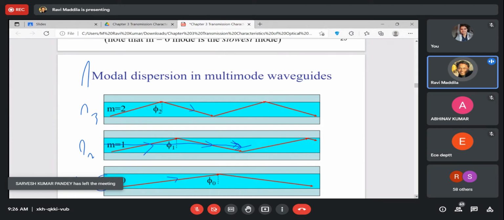The power in the three modes may be almost the same. Say if this is around 3 milliwatts, this can be 1 milliwatt, this can be 1 milliwatt, and this can be 1 milliwatt.